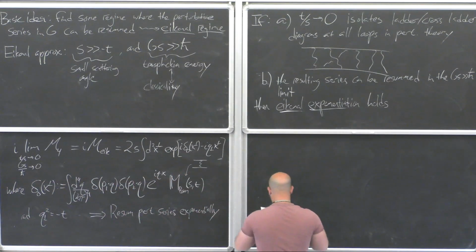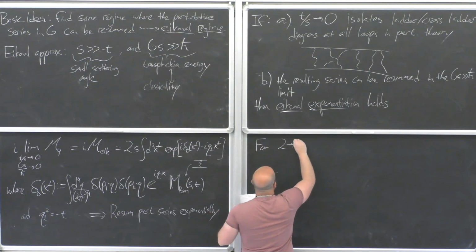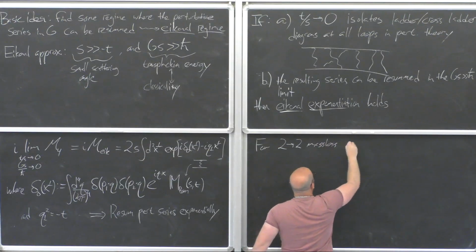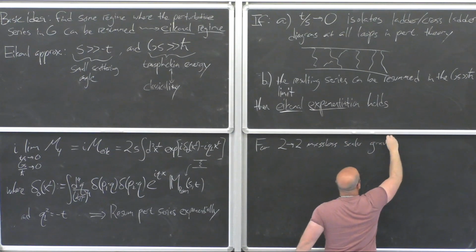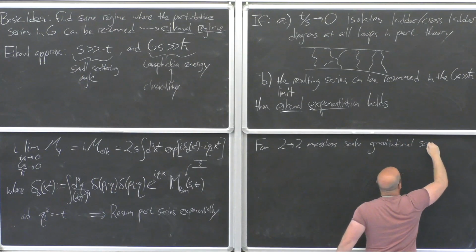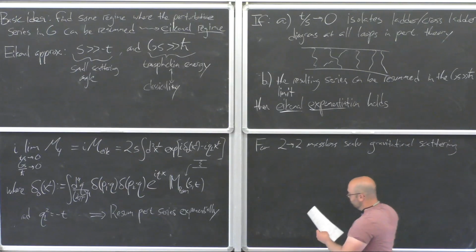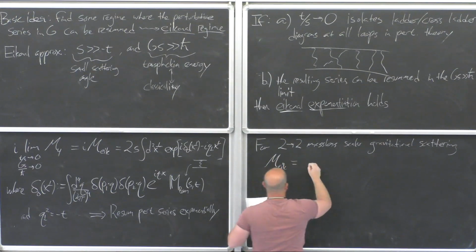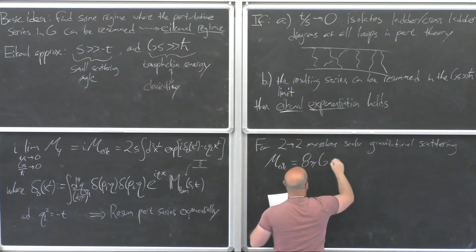So for 2-to-2 massless scalar gravitational scattering, there's an awesome formula for this eikonal amplitude, which is just, try to get all the factors right here.